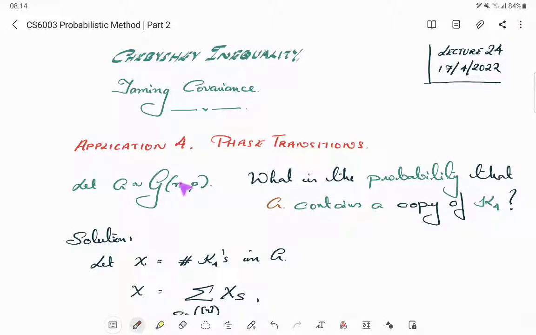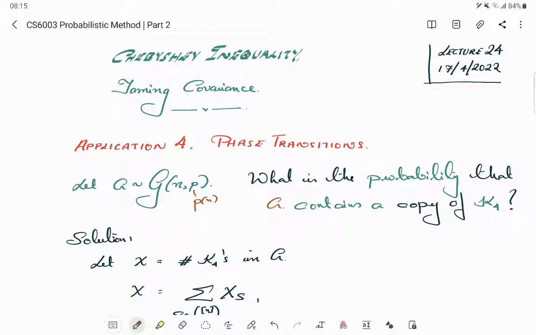It's easy to guess that this probability will depend on p, right? If p is very large, then we are constructing a dense graph, and hence it's very, very likely to contain a K4. Whereas if p is very small, then it's less likely to contain a K4. So most of the time we will choose this p to be a function of n. You will see the reason why. It's valid to think about p as a constant.